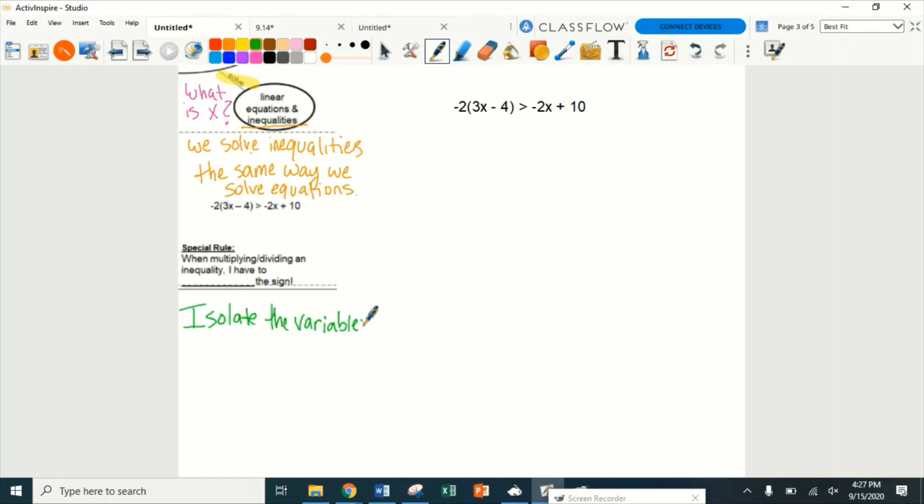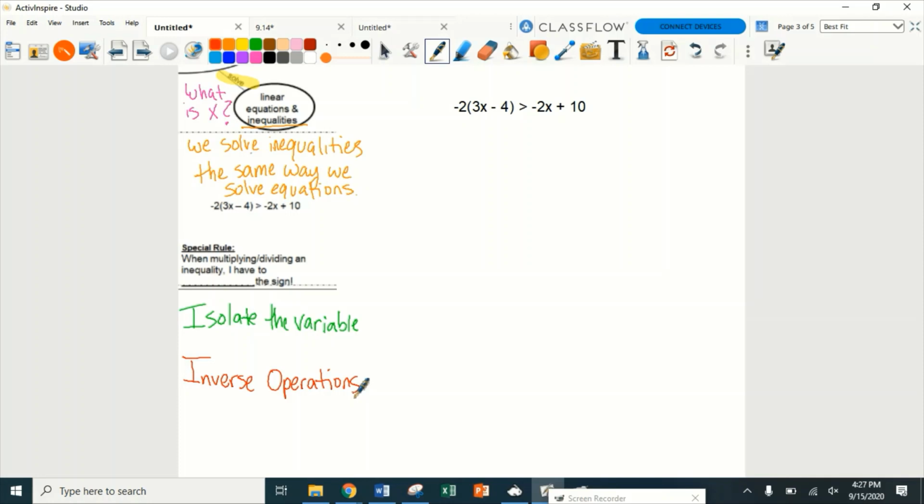And how do we want to isolate the variable? Well, we're going to use things called inverse operations.